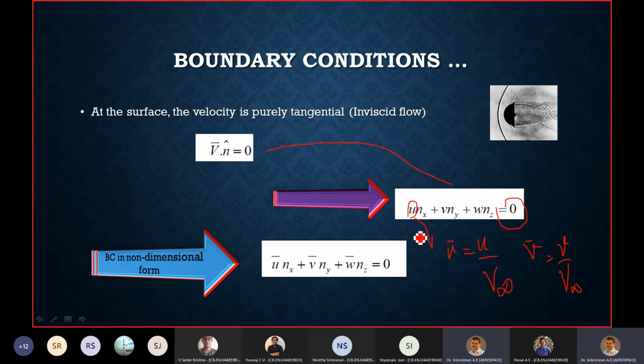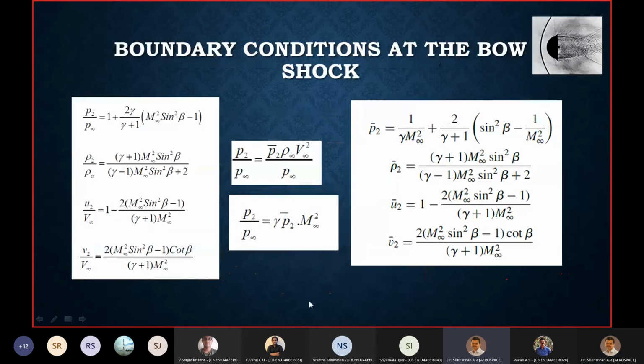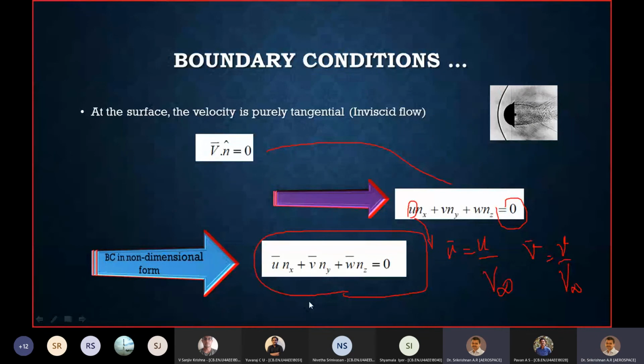V infinity is common and a constant, so I can rewrite the equation as u bar nx plus v bar ny plus w bar nz equals zero. This is the boundary condition for velocity on the surface in the non-dimensional flow. This gives us a set of boundary conditions which I can apply on one of the boundaries, the body itself.